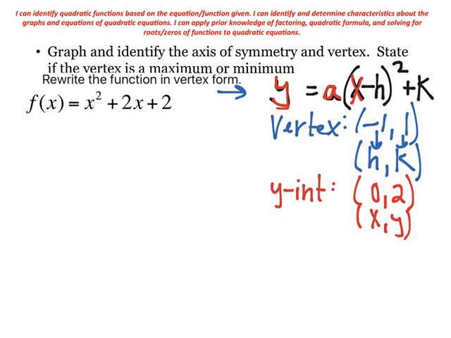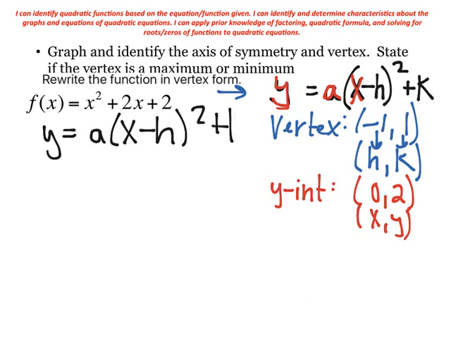So let's recap. Here it is in vertex form again, y equals a(x minus h) squared plus k. But we know what k is. K is positive 1. And we know what h is.